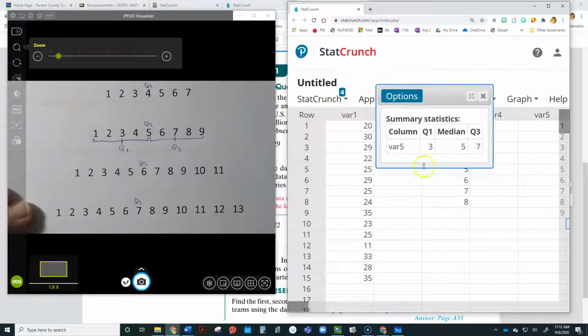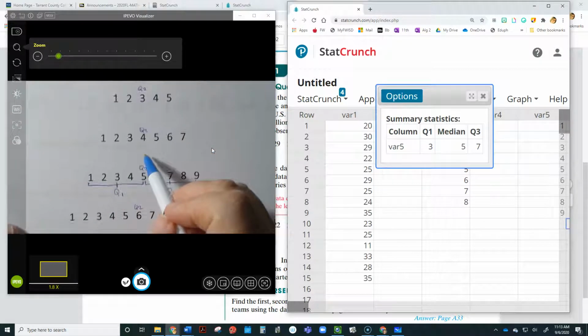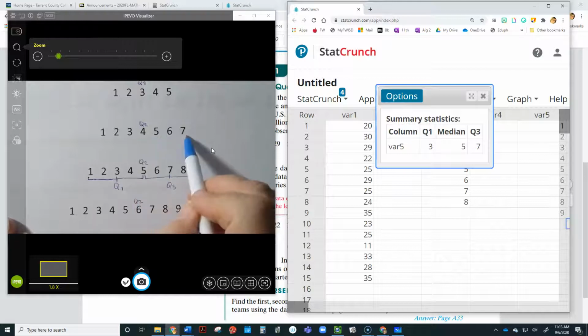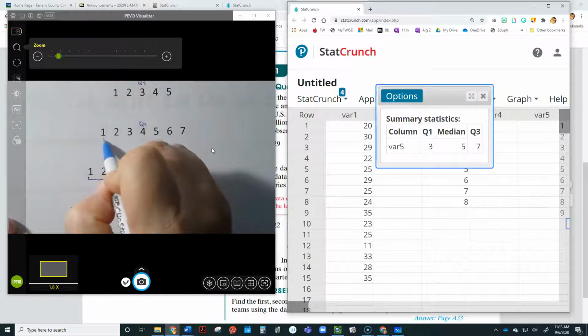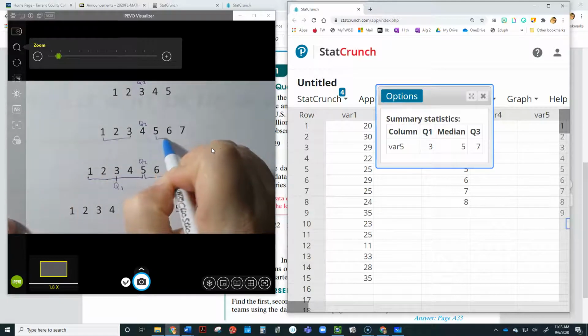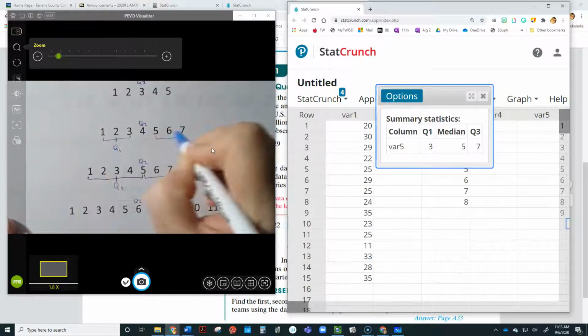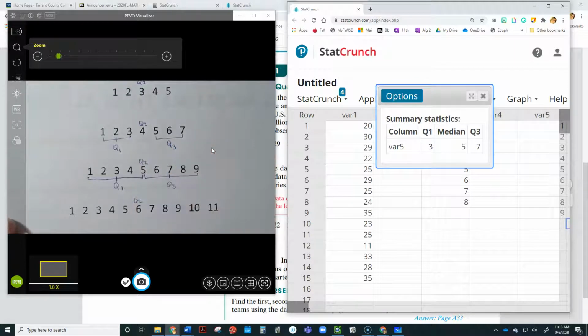Okay, now the kicker is if that's how StatCrunch was doing their odd sets every time, that would be okay, but it doesn't. On this data set, if we just have 1 through 7, okay, 7 numbers in our data set, 4 would be the middle number. StatCrunch now goes back to the other method, and it just uses those numbers to say that Q1 is 2 and Q3 is 6.